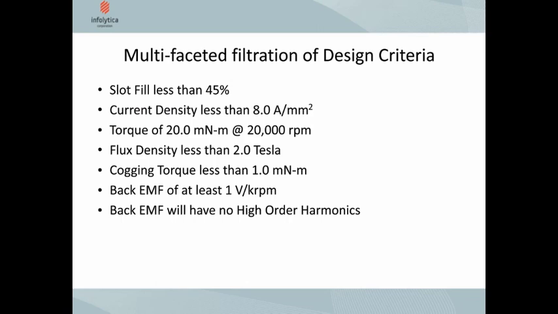The torque is delivered at 20 millinewton meters at 20,000 RPM. All flux densities are less than 2 Tesla. Both cogging torques are less than 1 millinewton meter. Both deliver a back EMF of at least 1 volt per 1,000 RPM, and neither of them has any substantial higher order harmonics.